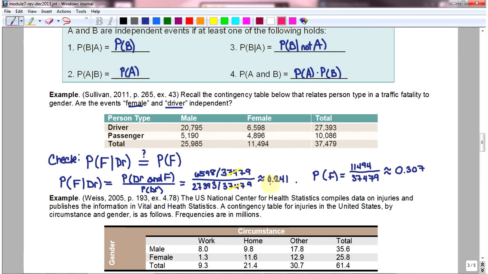So those 2 values are not equal. So that means that these are not independent. Knowing that the person was driving does affect the probability that the person's female.